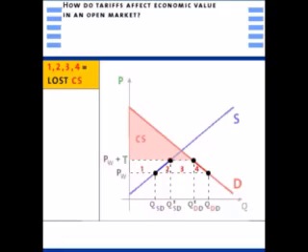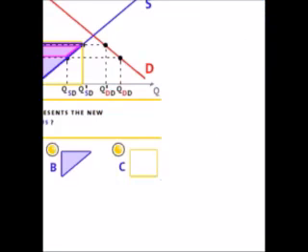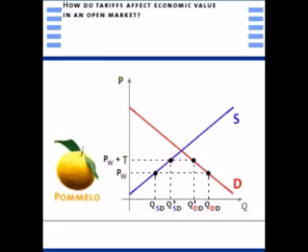The next consequence is that at the higher price, domestic farmers are getting more producer surplus. That is, at this higher price, producer surplus is going to be bigger than it was before. Can you identify the area of the new producer surplus? Producer surplus is the area below the tariff-distorted price and above the supply curve.